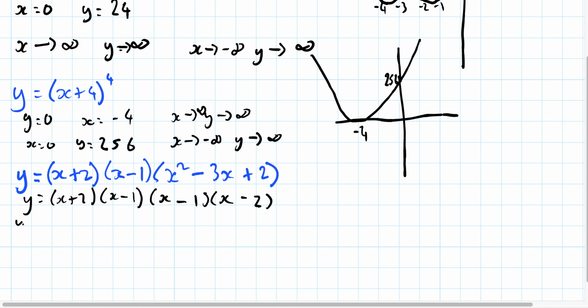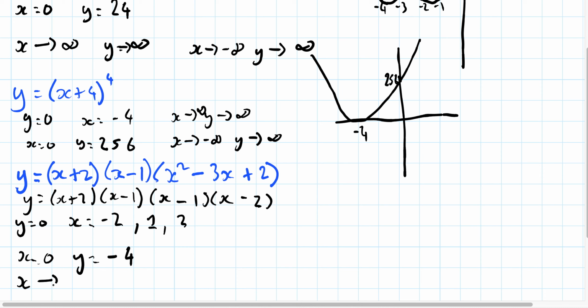So when y equals 0, x equals -2, 1, and 2. And when x equals 0, y equals 0 times -2 times a positive 2, so it'll be -4.